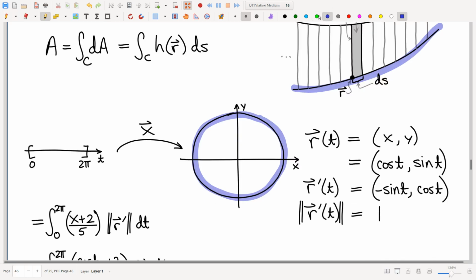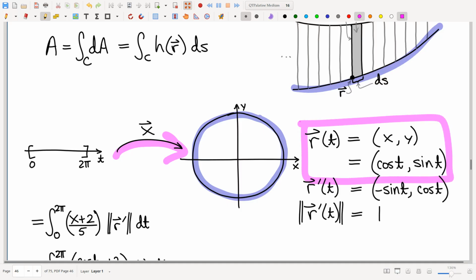Here's how we parameterize the unit circle, and this is old news. Right, this was one of our very first parameterizations we ever wrote down. You want to parameterize the unit circle? Boom. Make sure you have this memorized. This particular parameterization comes up a lot, so you want to have this ready to go at a moment's notice.